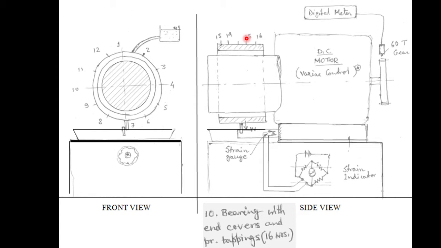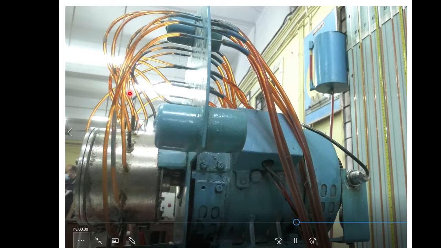This is the oil supply. To fill the space between the journal and the bearing completely, the oil location is at a higher altitude than the location of the bearing, which you can see here. This is the oil level indicator.